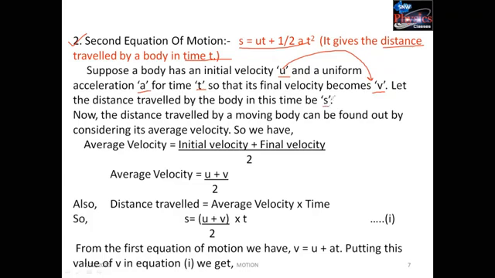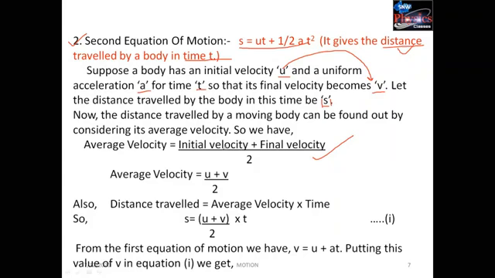Here we added distance traveled, because with the help of the second equation of motion we find out the distance traveled by the body. Now here we see the average velocity of that body. To find out the distance traveled by the body, we consider that average velocity is the mean of initial and final velocity.